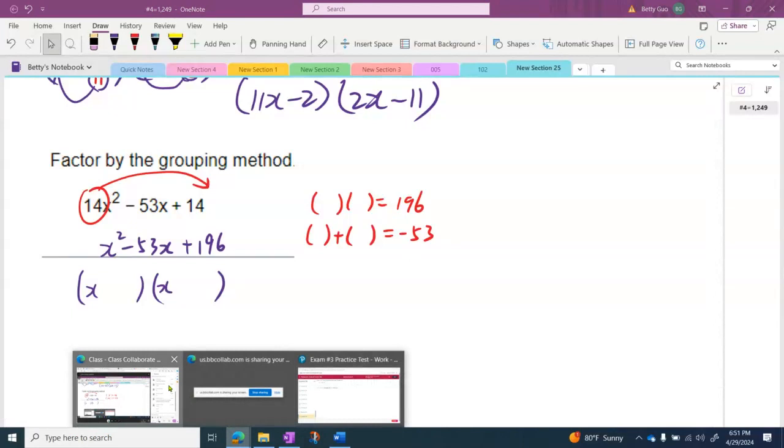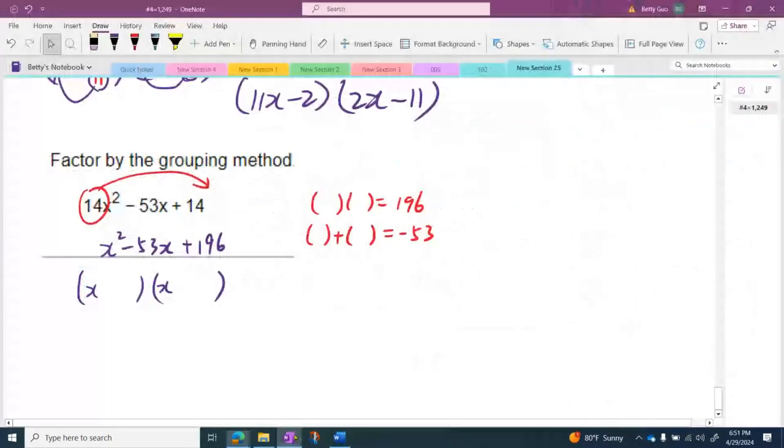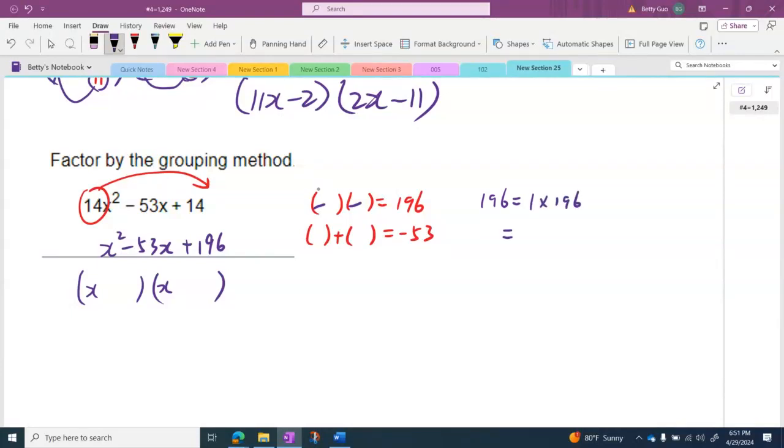Does Dakota have the two numbers found? 4 and 49. I think it works. Yeah, awesome. But let me analyze. The two numbers must be both negative, right? And which two negative numbers? We try to factor 196. It's a good way to practice the feel for numbers. Factoring a number is a very useful skill. 1 times 196, 2 times 98, 3 doesn't work, 4 times 49.